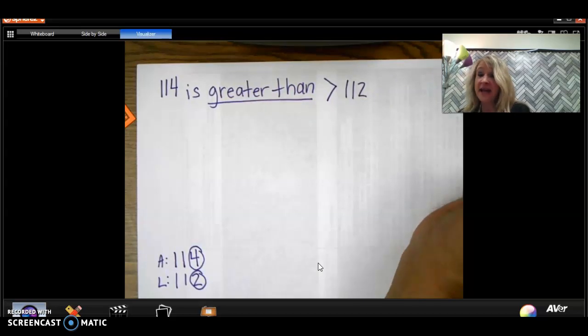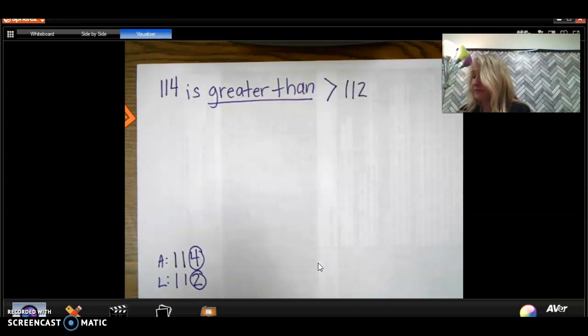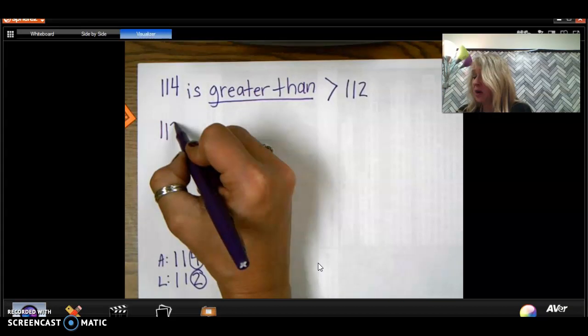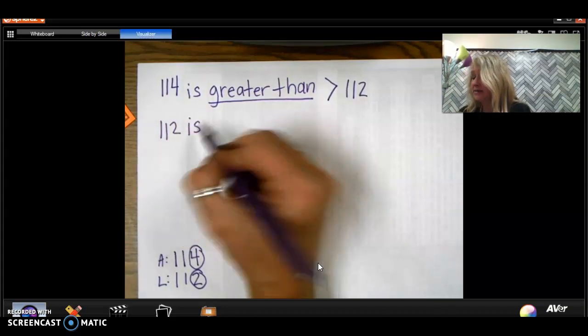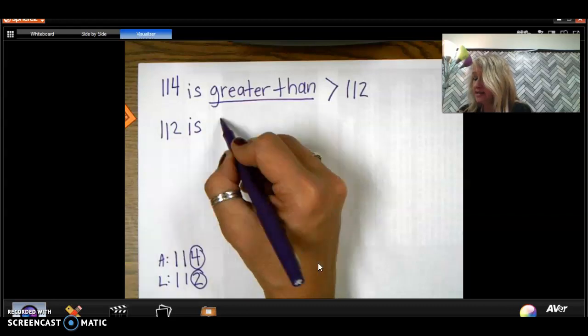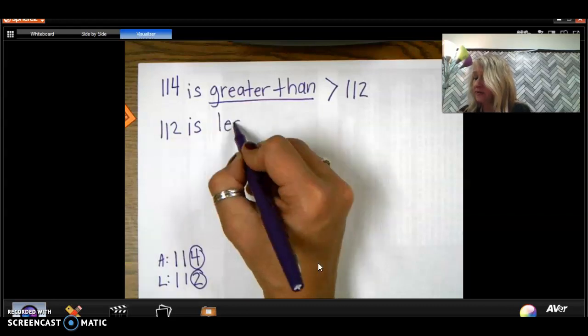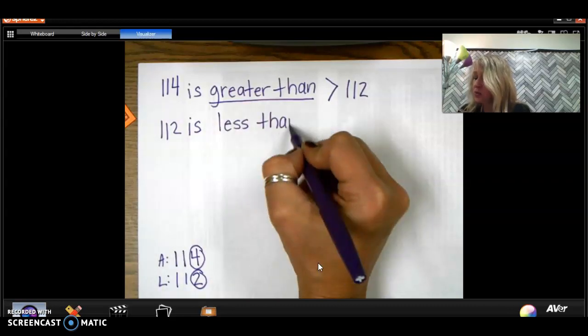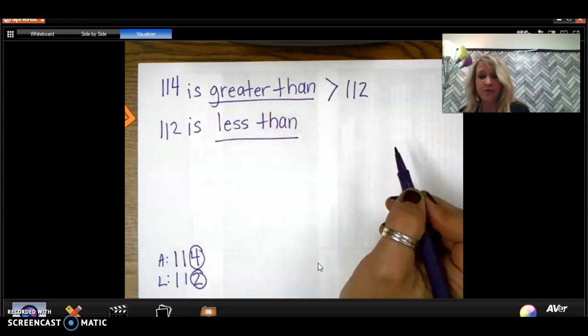Okay? Now I'm going to flip them. So 112 is what? Right, it's going to be less than 114. What was the symbol for less than, remember?